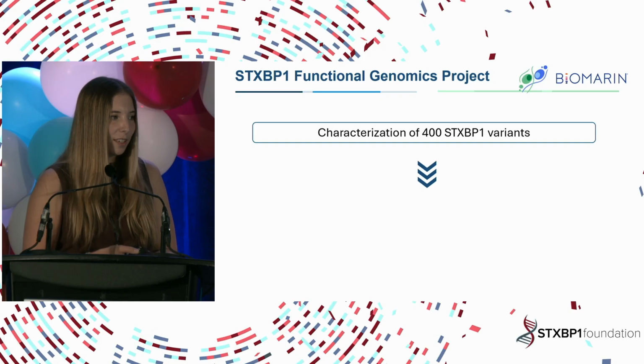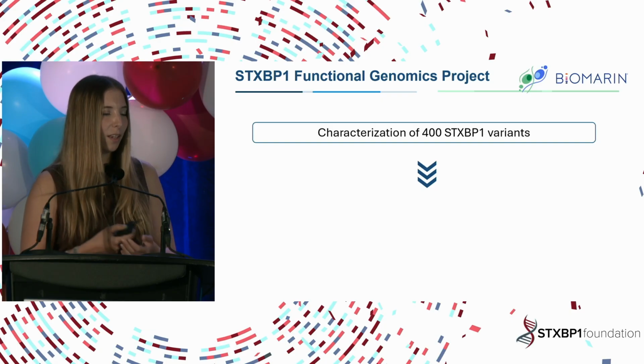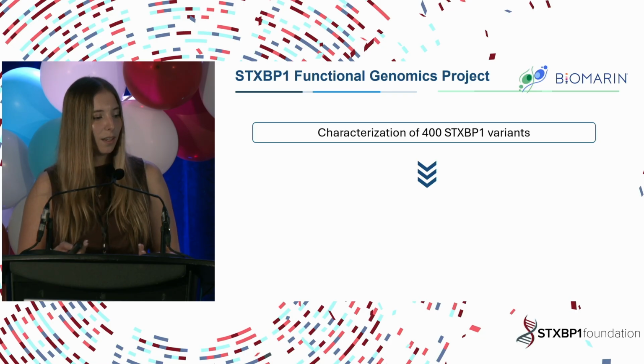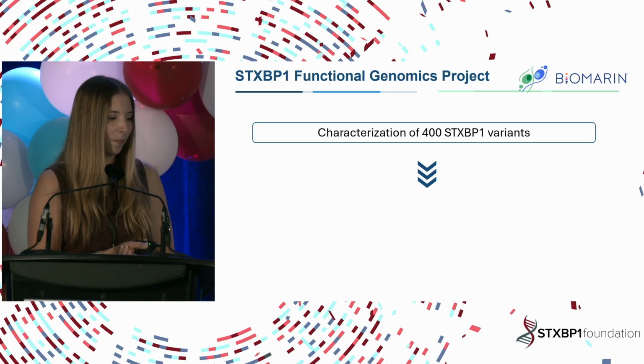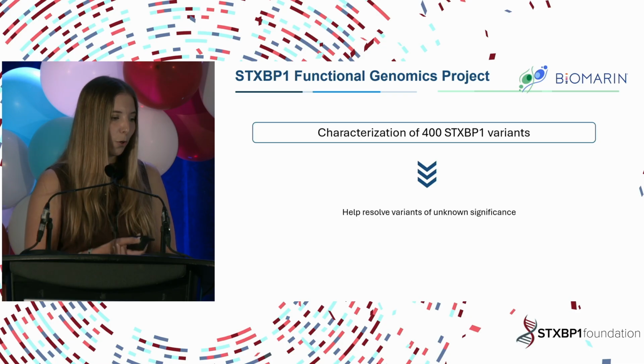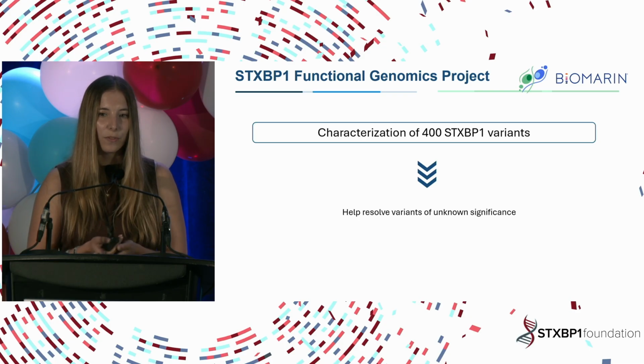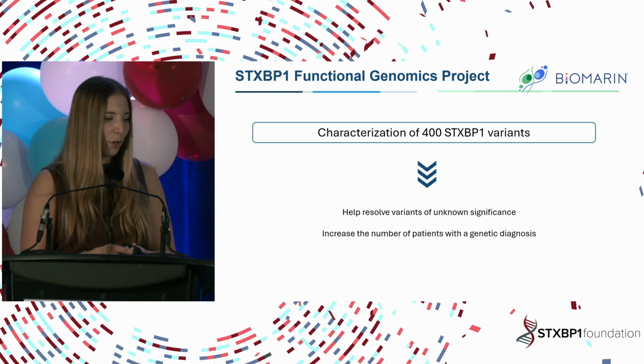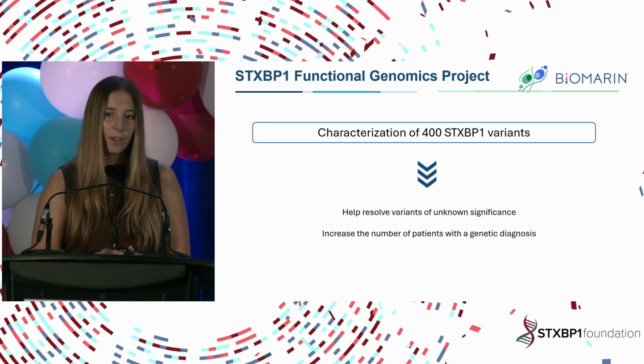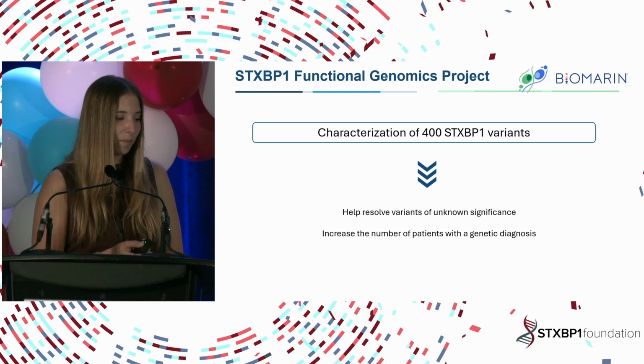So in this project, we looked at 400 STXBP1 variants and their effect on the protein, which is ultimately what will have an effect on the neurons. So with this project, we hope we can help resolve variants of unknown significance. We hope we can increase the number of patients with a proper genetic diagnosis.